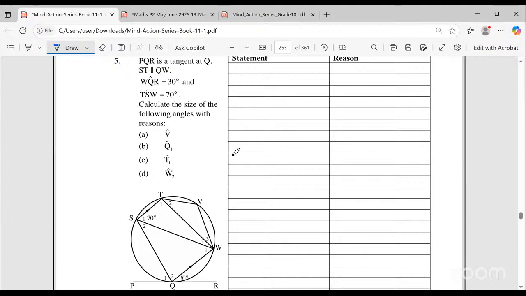And then now calculate the size of the following angles with reasons. What is the size of angle V, guys? Anyone who can tell us how to get the size of V and what is the size of B, giving some reasons.